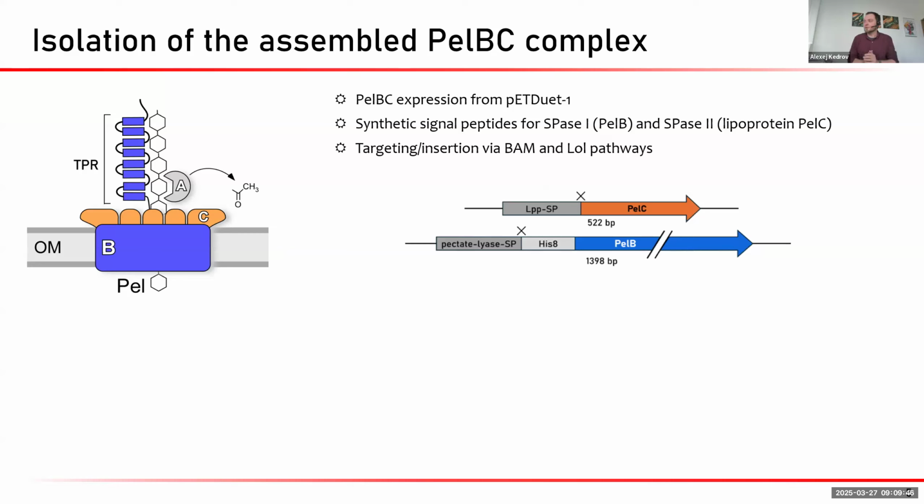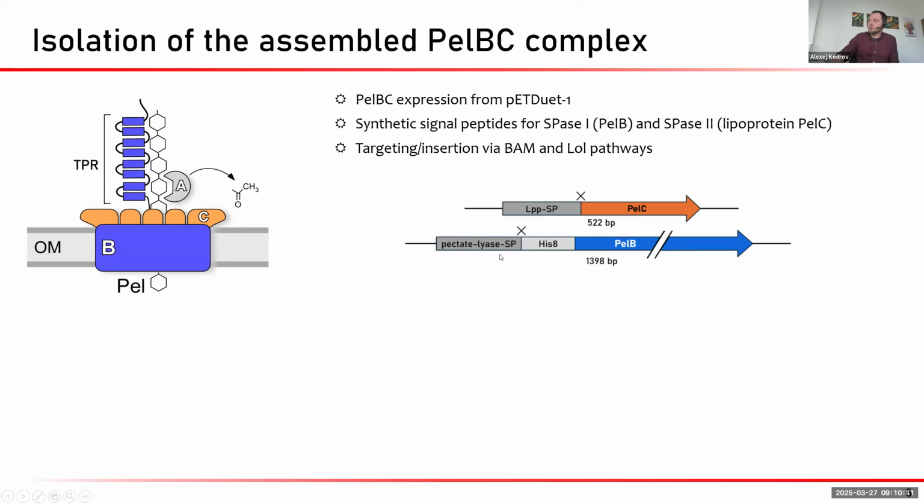So we established a very elegant system, I really like it, again first time for us looking at the outer membrane. We put two genes in the same vector, considering that PelC and PelB have different routes to reach the outer membrane. One is a lipoprotein, so it has the LOL pathway, and PelB is probably targeted via BAM.